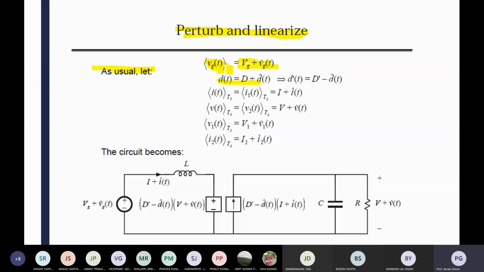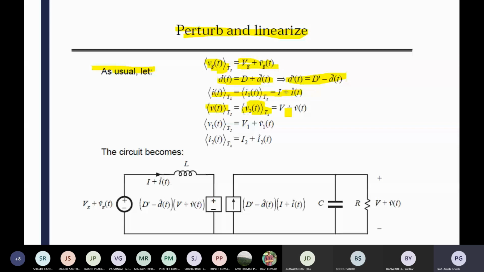Then for duty, the on-time duty is d(t) and the off-time duty is 1 minus d(t), which is d' minus d cap(t). So d'(t) is d' minus d cap(t). In the input current you get the steady state current plus cap current, and likewise for the output voltage V2 with its steady state value.